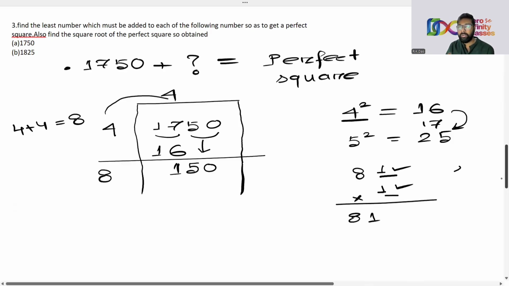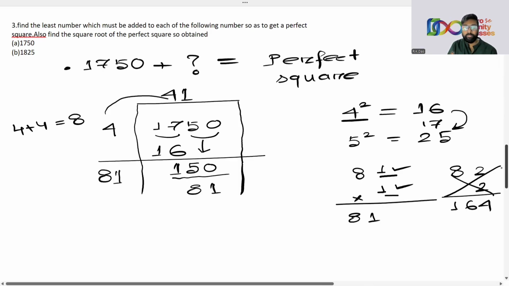But if I take 2, that is 164, which is greater than 150. So in that case, we can't take 82. So we have to take 81. So I'm writing 1 here. Here also I'm writing 1. 81 times 1 is 81. Now I'm subtracting 81 from 150. If I subtract 81 from 150, that will be 69.